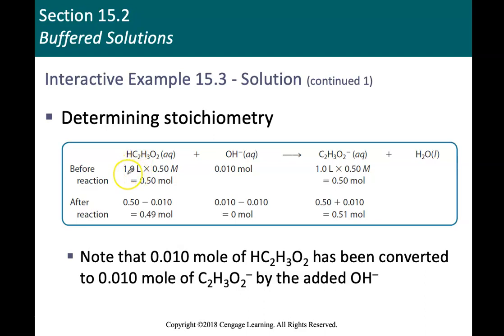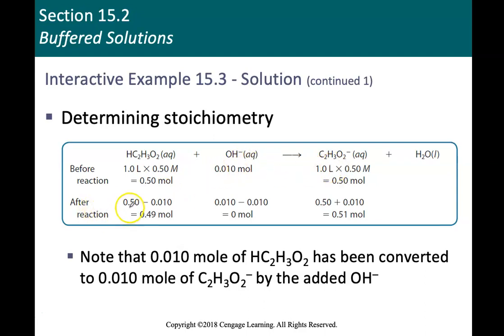For the acid, it is a liter of 0.5 molar, so it's 0.5 mole. You're adding 0.01 mole of sodium hydroxide, and here you have a liter of 0.5 molar, so that will give you 0.5 mole of acetate. That's before the reaction, before you add any hydroxide. Remember, you are adding hydroxide to a buffer. So before you start the addition, you're going to have that sort of setup.